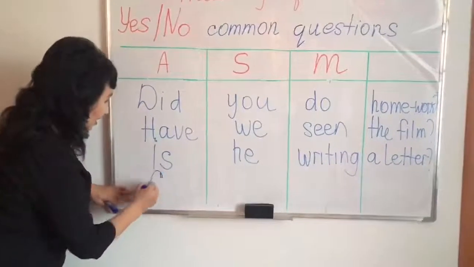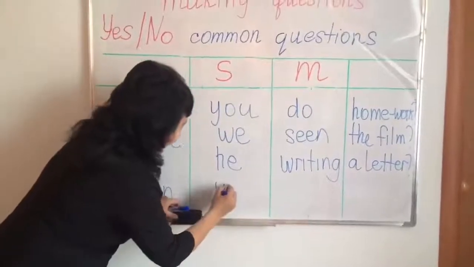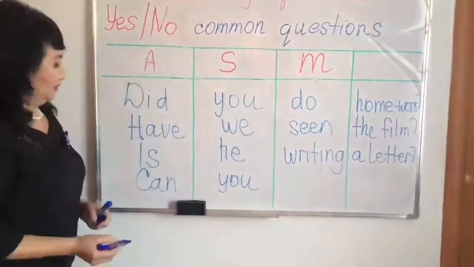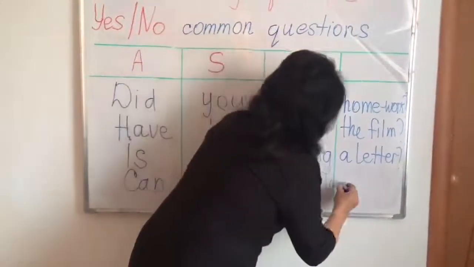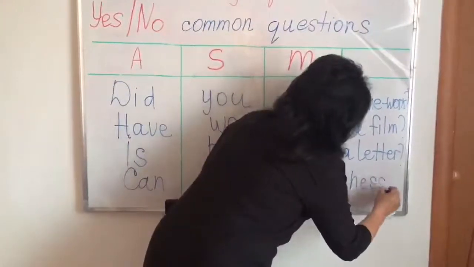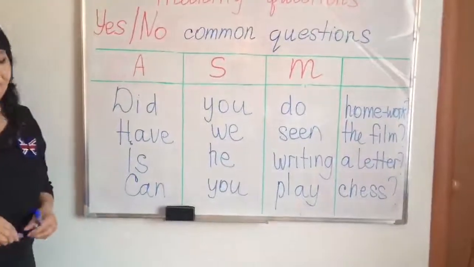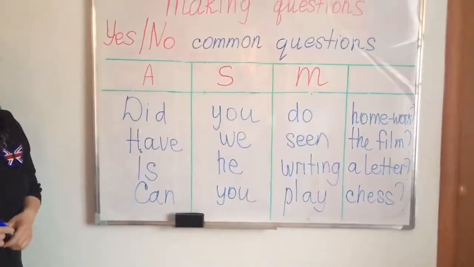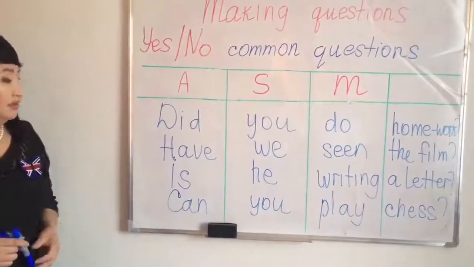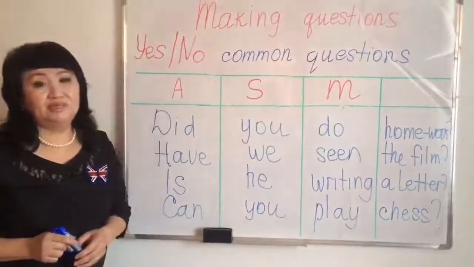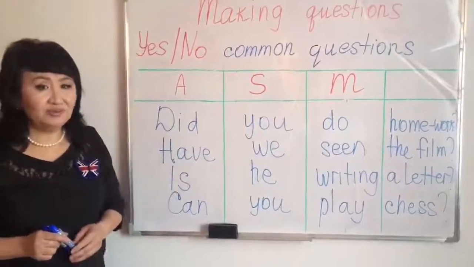For example, can you play chess? Can is the auxiliary, you the subject, play the main verb, chess. Yes, I can. No, we can't. If it is the verb to be, it always stands before the subject. Is it summer? Are you a student? Etc.